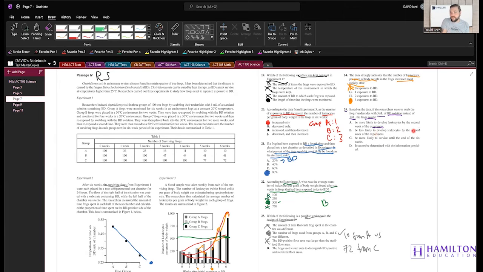Be less likely to develop leukocytes for the second experiment. Again, maybe. Be more likely to survive until the end of 6 weeks. It did seem like re-exposing them caused them to survive longer with the leukocytes increased. But one thing that might also be the scenario here is that by waiting 2 weeks, it allows their bodies to recover and not get overwhelmed by the number of bacteria, the disease attacking them.